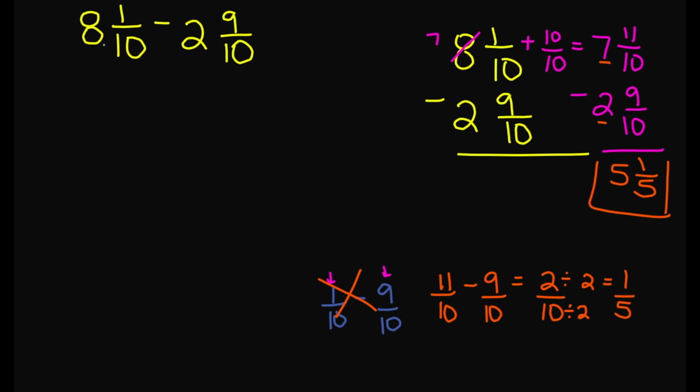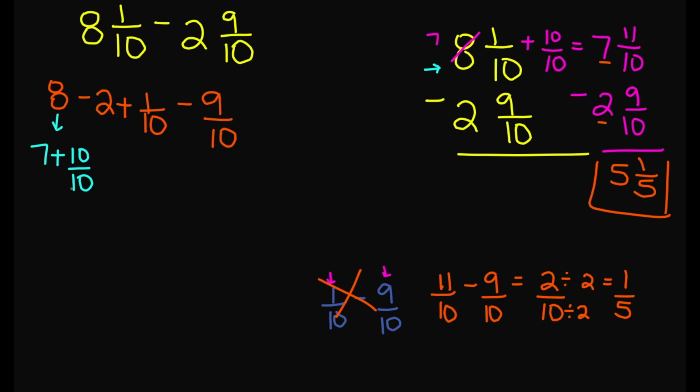So now let's say you wanted to expand this mixed number here. So if you were to expand, you're going to get 8 minus 2 plus 1 over 10, and then minus 9 over 10. So now I'm going to rewrite this whole number just like we did here on this side. So I'm going to rewrite this as 7 plus 10 over 10.